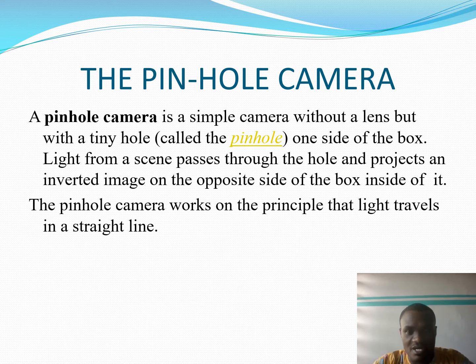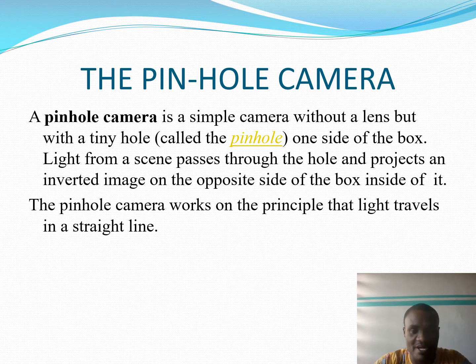Today we are going to look at the pinhole camera. Some of you might have read it already. We are going to discuss the pinhole camera and look at how rays of light travel in a straight line. I think we have done that also.